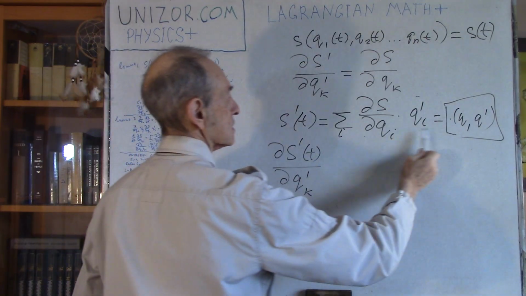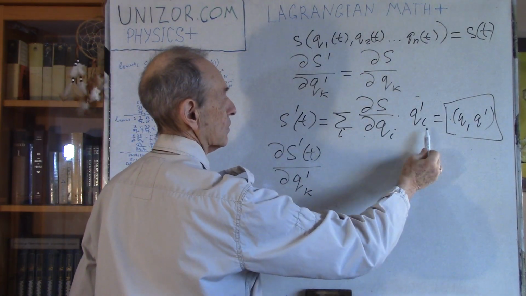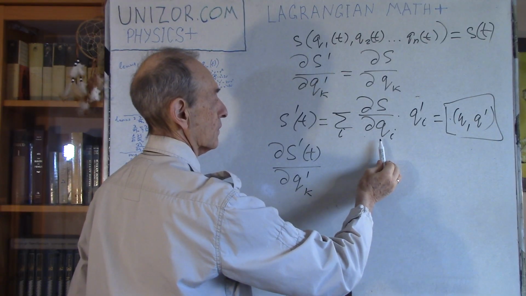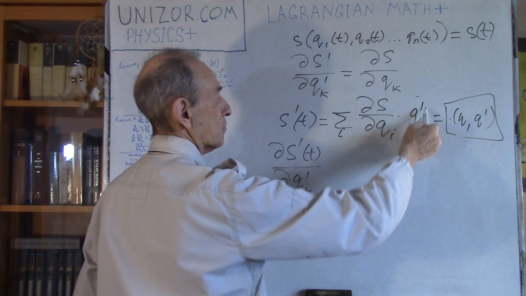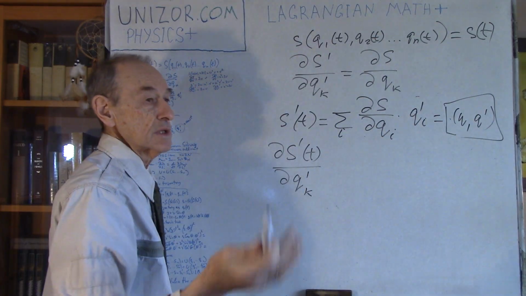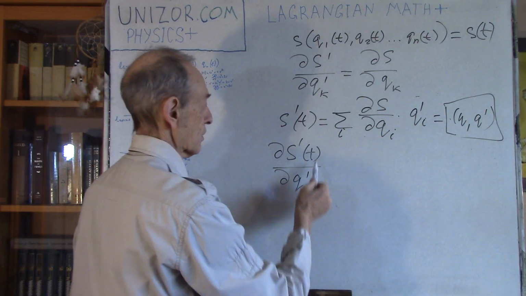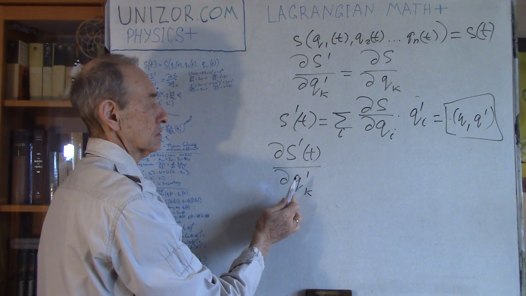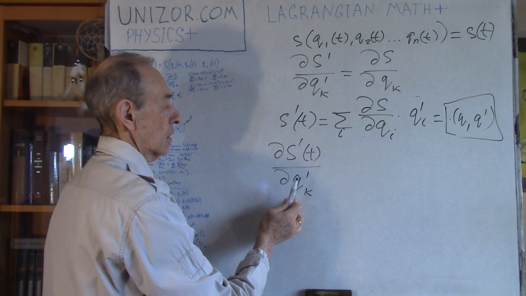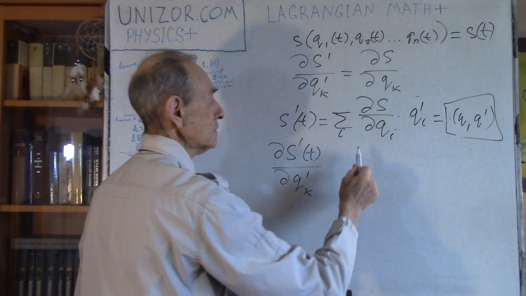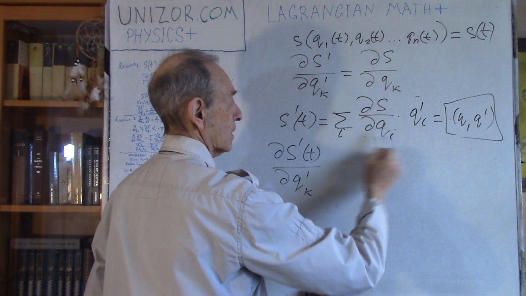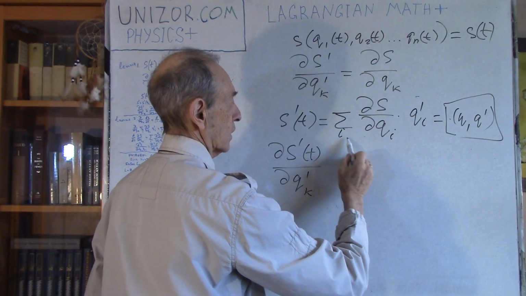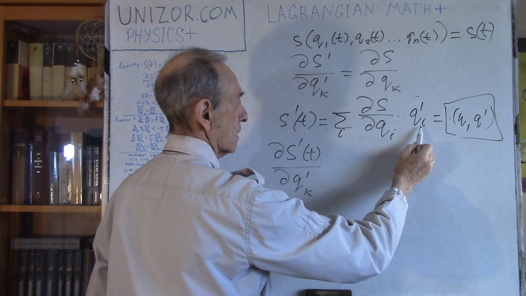Now this is the sum of many different items. qi and qi prime are basically like two independent variables, because we are partially differentiating only by qk prime, which is only one particular item in this sum, the one when i is equal to k.